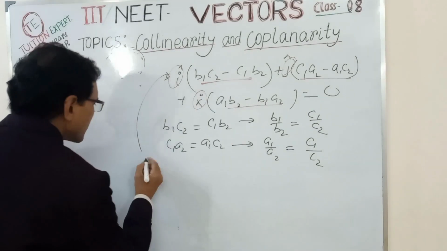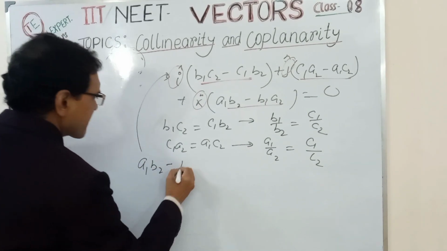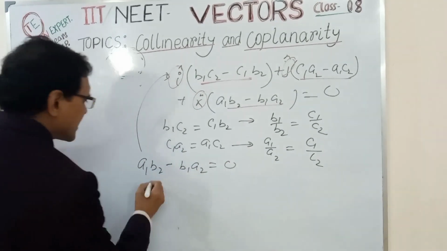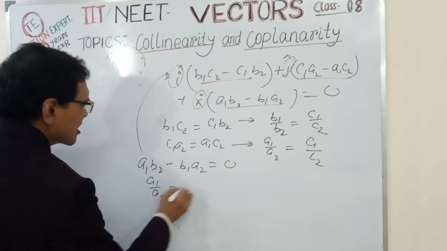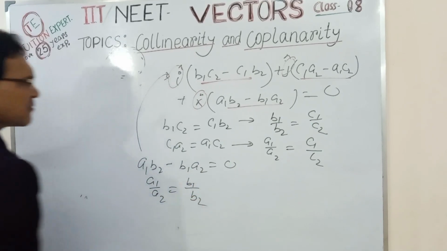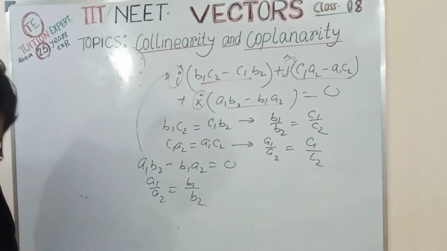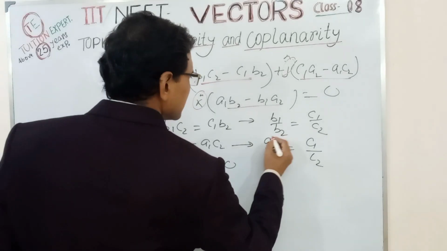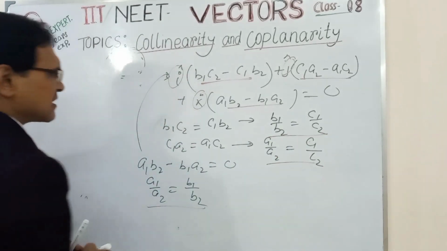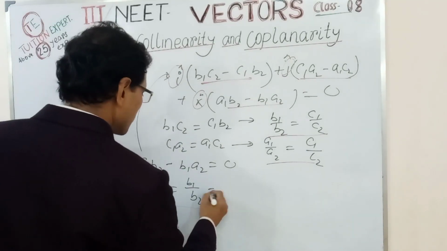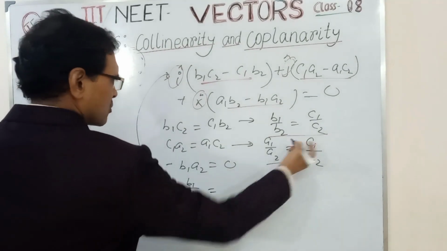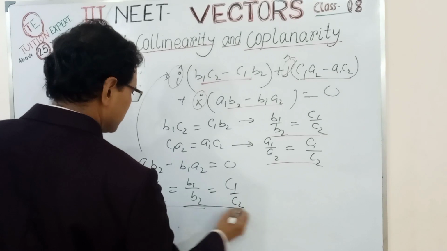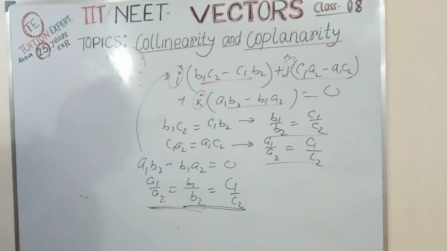So from these results, we can write A1 by A2 equal to B1 by B2 equal to also C1 by C2. So this way the formula comes.